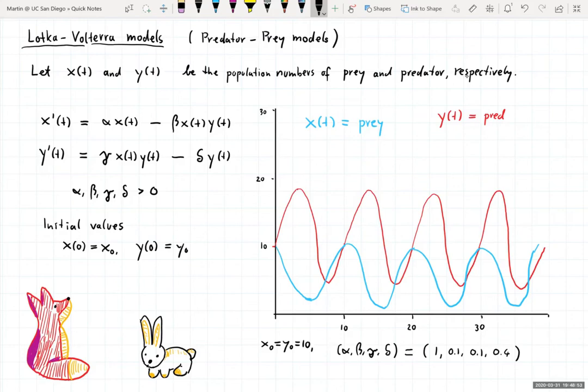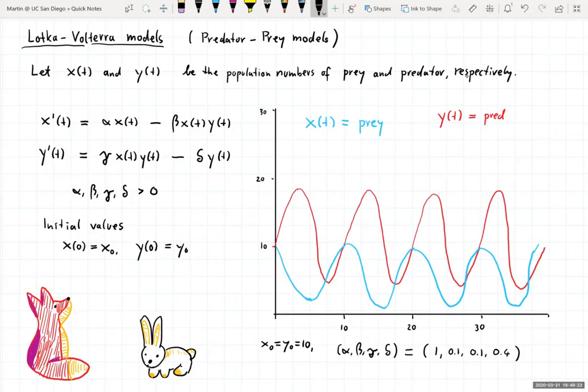If you plug this into a numerical solver and display the solutions to these differential equations, what you're going to see is that first the number of prey is going to go up as the number of predators is going to go down, due to the exponential growth and exponential decay.